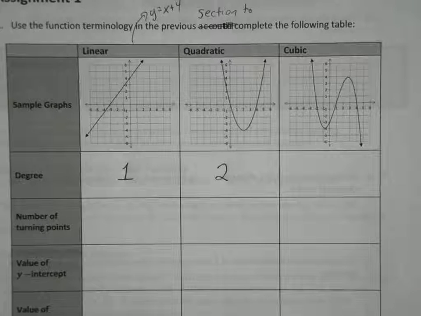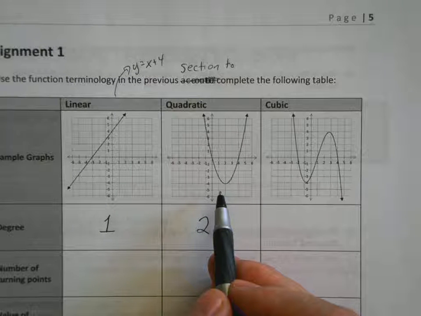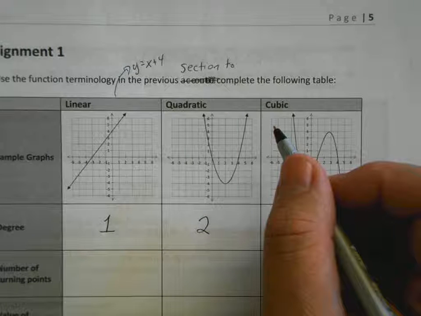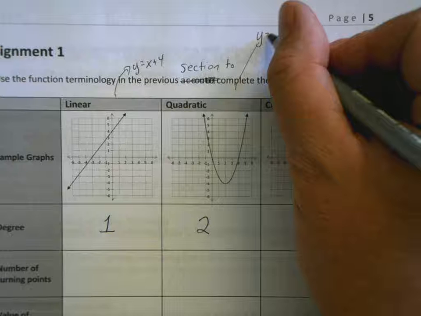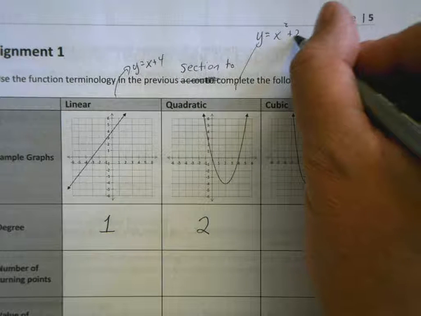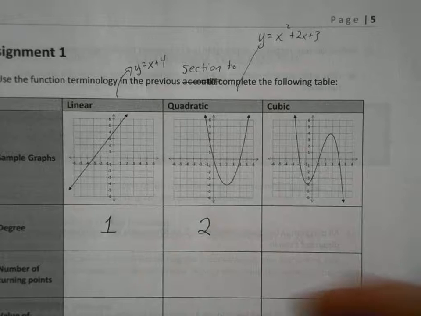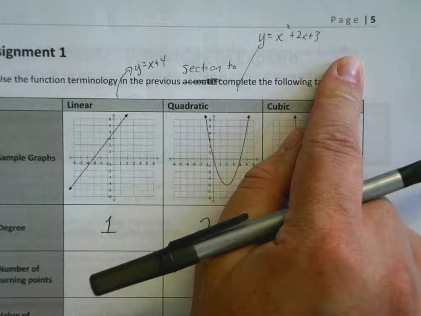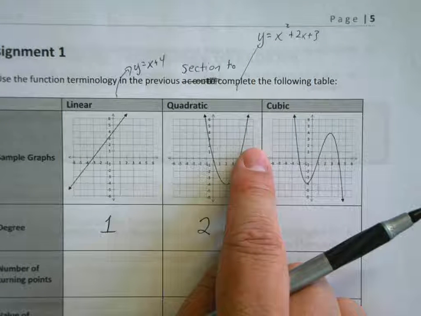In this equation, I don't know what the simplified version of this equation looks like without sitting here for a minute, and I'm not going to put you through that, but it might look something like this. Right? So the highest exponent on any x there is a 2. If you have a polynomial function, the highest exponent is 2, you will get a parabola when you graph it. Okay?